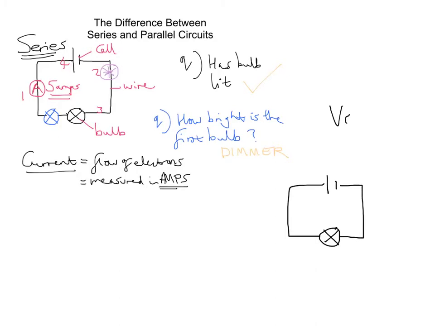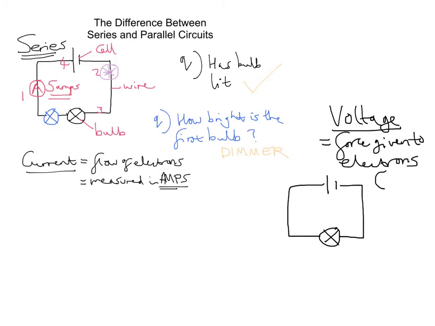So we're now going to consider voltage. Voltage is the push or force given to those electrons. And it's measured in something called volts, V-O-L-T-S. And we're going to use a piece of equipment called a voltmeter. So we need to attach a voltmeter to the circuit, and it's done like so.